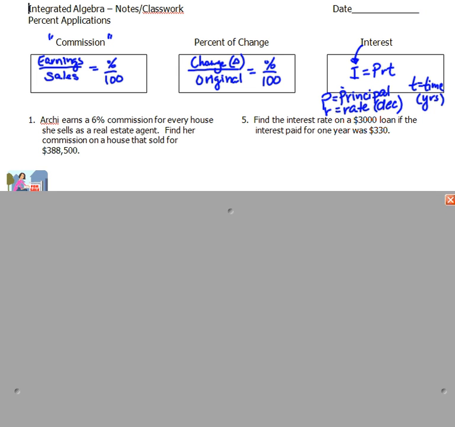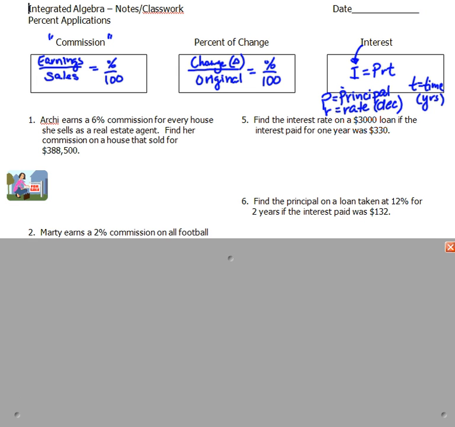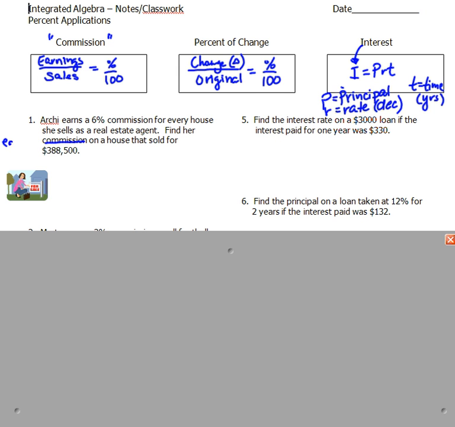Okay, Archie, you're a realtor, and you are earning a 6% commission for every house that you sell. Find the commission that you earned on a house that sold for $388,500, and everyone else can find Archie's earnings also. So I'm trying to find the commission, okay, which is the earnings. That's her earnings.